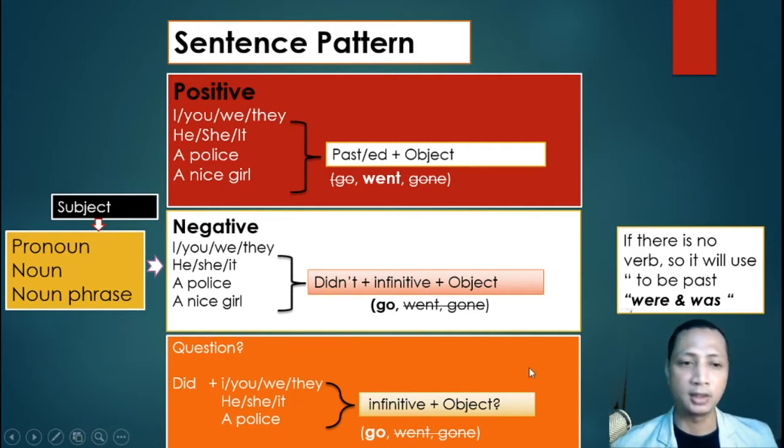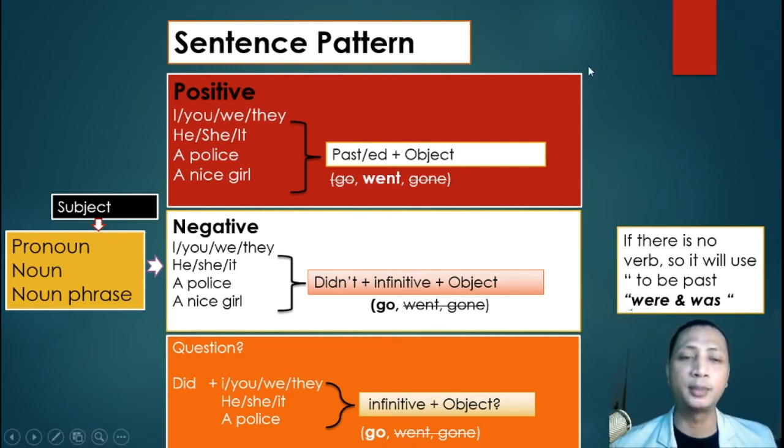Remember, maybe some of you ask, what about if there is no verb in the sentence? So I'll try to explain here on the right side. If there is no verb, we use to be past. Which one is to be past? To be past is, of course, were and was. For example, I say, I was late yesterday.